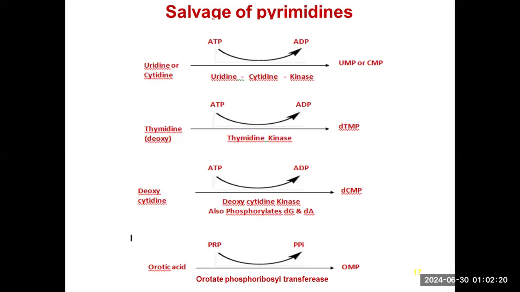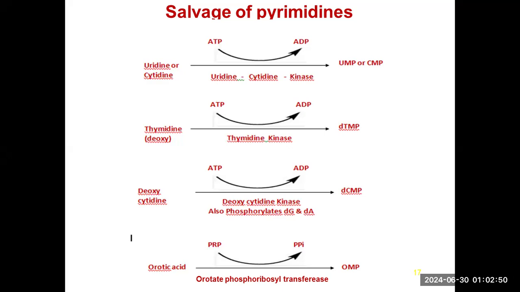We already had the nucleosides uridine and cytidine. All we have to do is add ATP by the action of kinase, and they will be converted into UMP and CMP. And afterwards, we can convert them into UDP, CDP, and UTP and CTP.